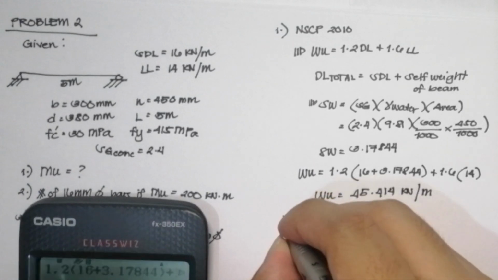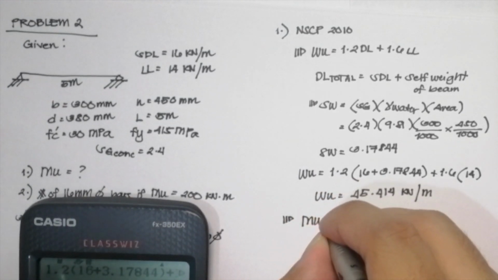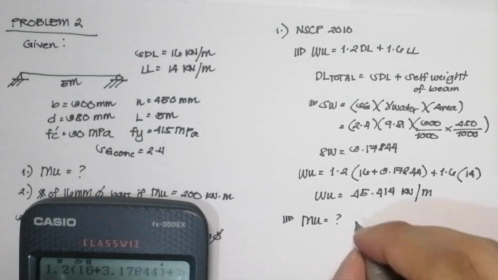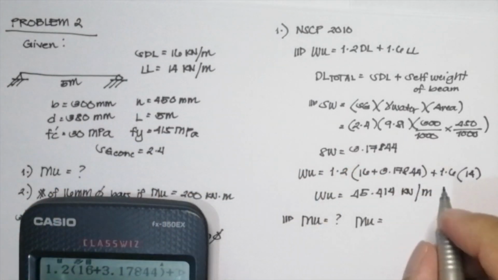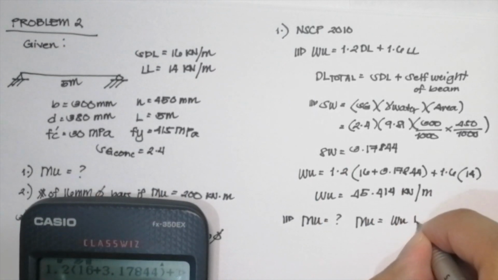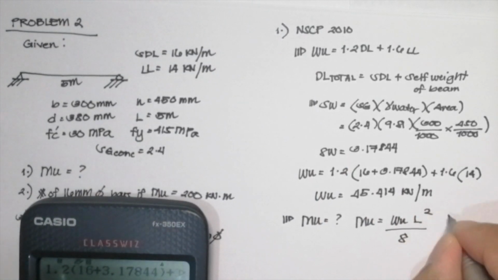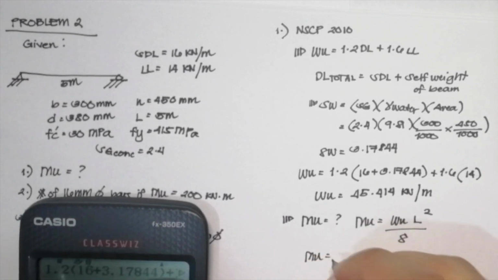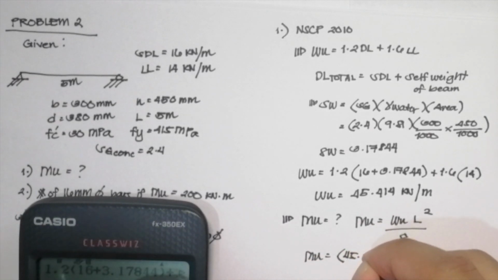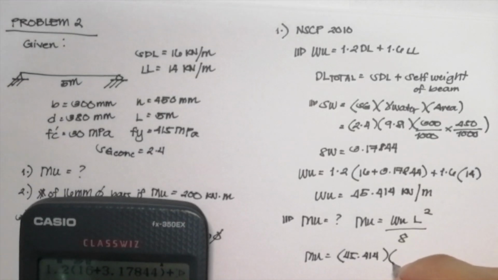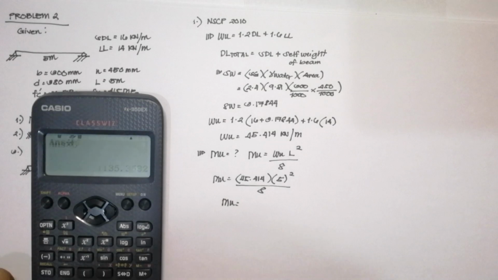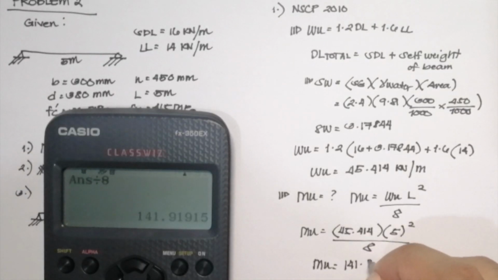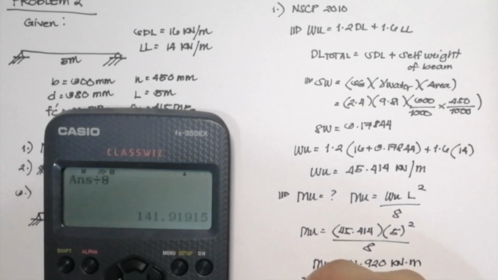So next we need to solve for our ultimate moment in the beam. In this case, we have a distributed load in the beam, simply supported, so we can use the formula Wu L squared over 8 to solve for the maximum moment in the beam. So by substituting our values, Wu is equal to 45.414 multiplied by the length 5 meters squared divided by 8, and we will get a value of 141.92 kilonewton meter. And that is the answer for the first question.